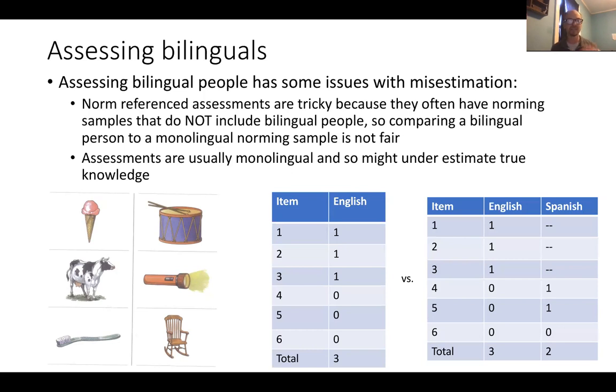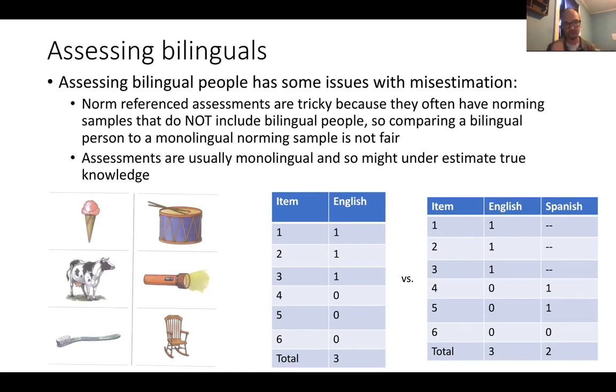So if you're assessing a bilingual student and then you're comparing that student's performance to a norming sample that does not include bilingual students, then many psychometricians, social scientists have argued that you're essentially comparing apples and oranges. And so the bilingual's performance is not a good reflection when you compare it to a monolingual's performance. And so you're misestimating their knowledge. In this case, the example is vocabulary.